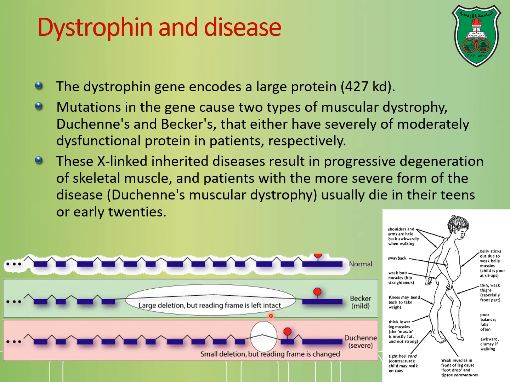On the other hand, in Becker's you still have some regions of the dystrophin protein that can maintain its function. That's why the severity is more in Duchenne than in Becker's. And this is an X-linked inherited disease, by the way, so the gene is present on the X chromosome.